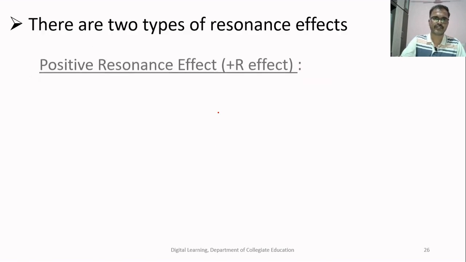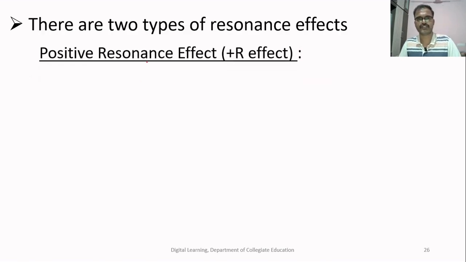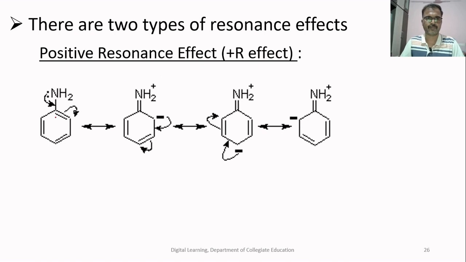Let me consider the positive resonance effect, which is indicated as plus R effect. We can understand it by considering this example. Here I have taken a benzene ring. It is a conjugated system to which the NH2 group is attached. Just look at this molecule. There is a lone pair of electrons on the nitrogen which is moving towards the benzene ring, and it gets stabilized by these resonance structures.